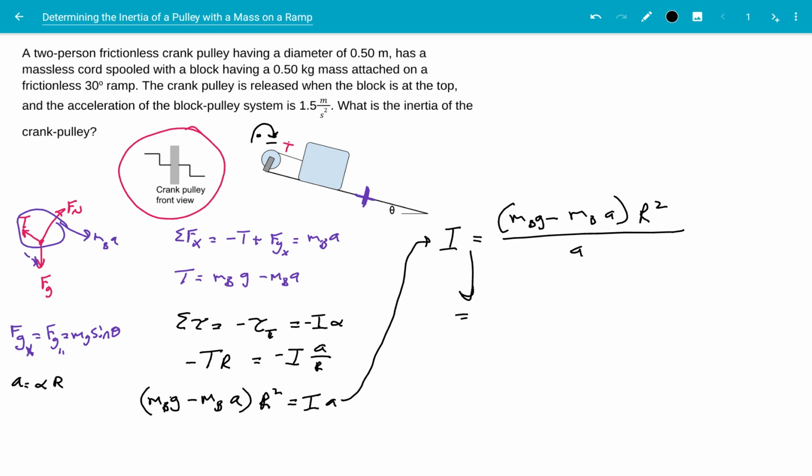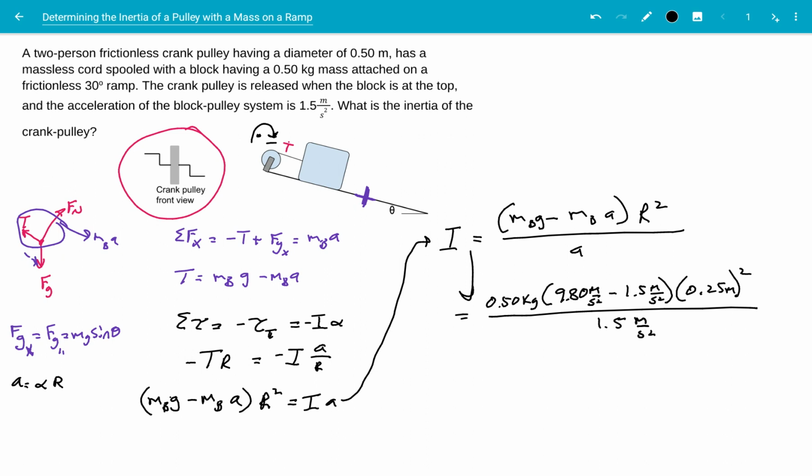So let's plug in some numbers and see what we're going to get. I'm going to factor out the mass also. So the mass is 0.50 kilograms times 9.80 meters per second squared minus the 1.5 meters per second squared. And since r is going to be half of the 0.5 meters, it'll be 0.25 meters squared, and our acceleration is 1.5 meters per second squared.